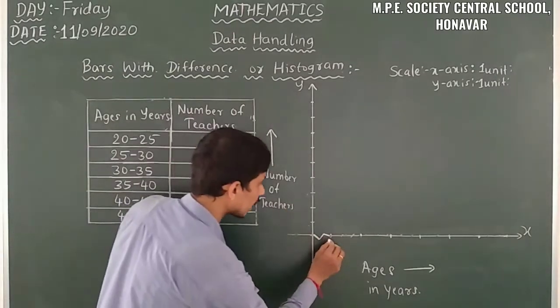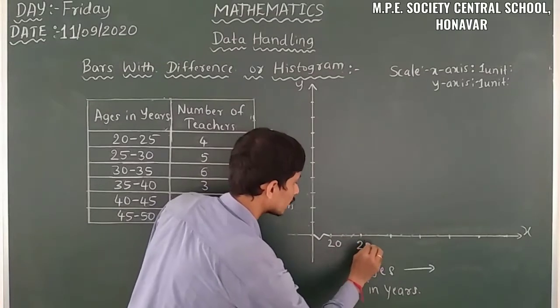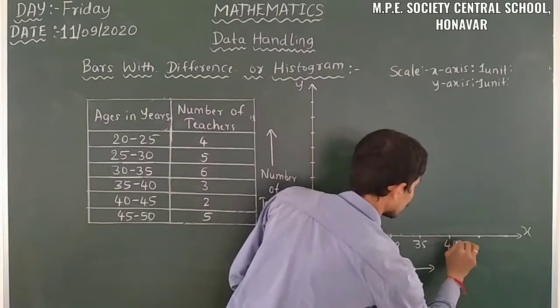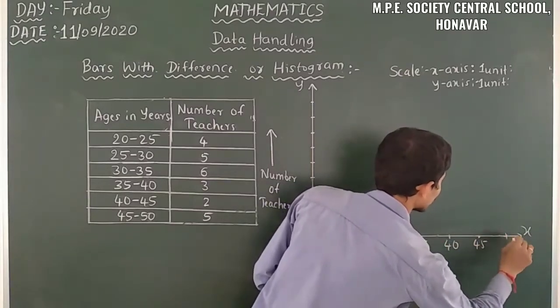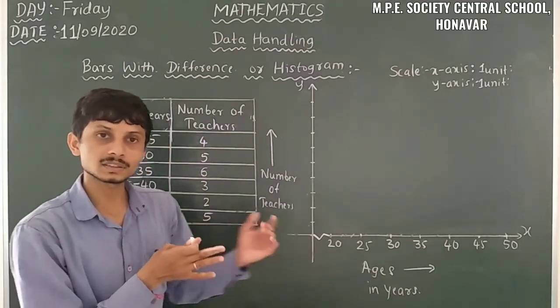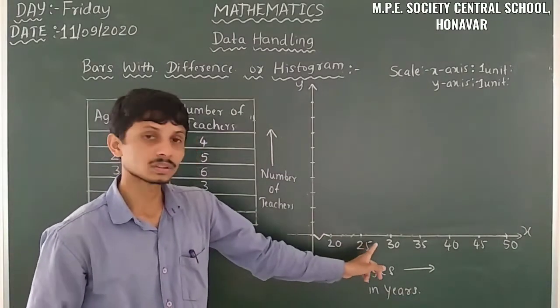So we start from 20, 25, 30, 35, 40, 45 and here it is 50. Previously I mentioned 1 to 2, 3 to 4 like that.